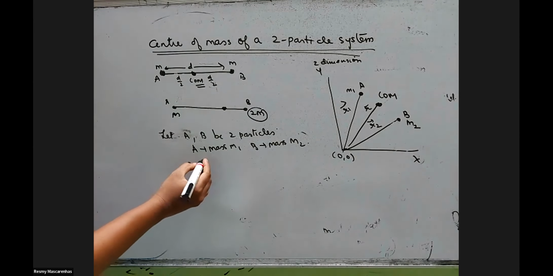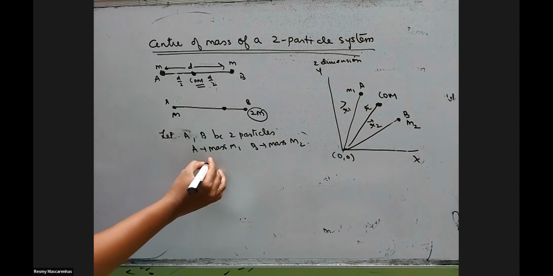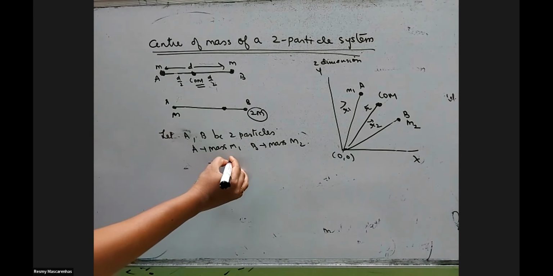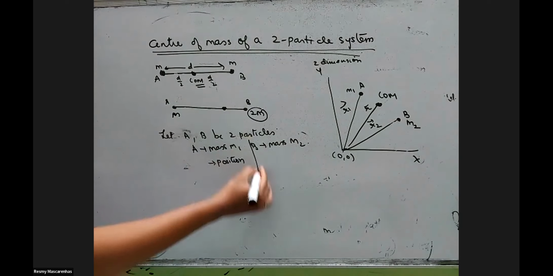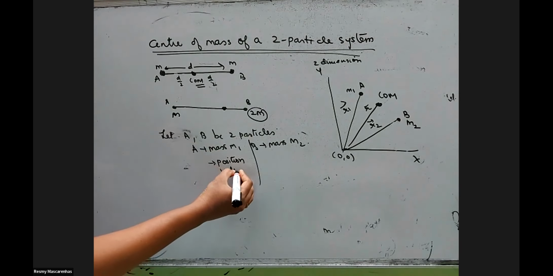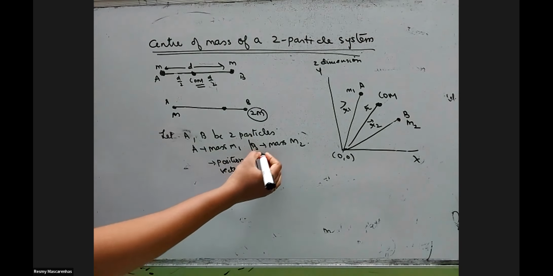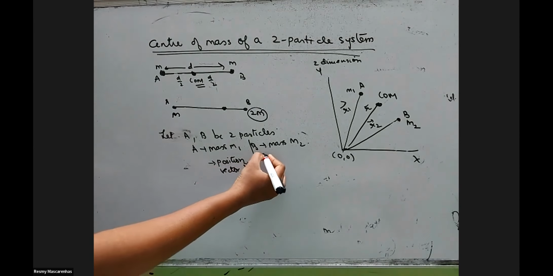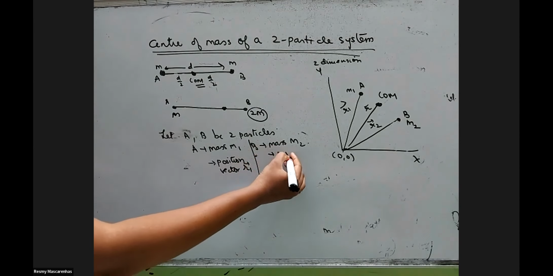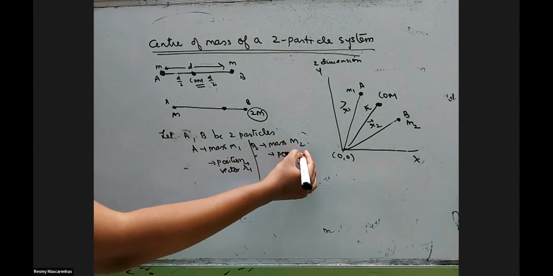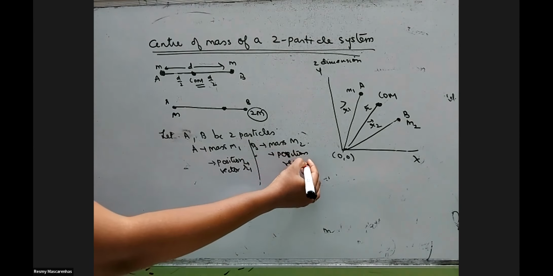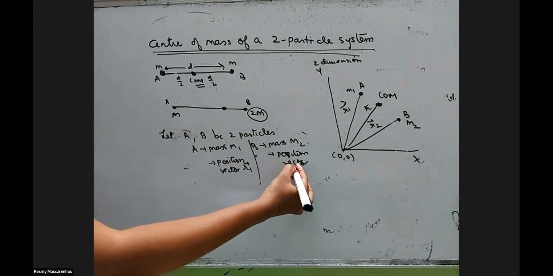This one, position vector, this is about A. The position vector is r1 bar, and this one's position vector is r2 bar.